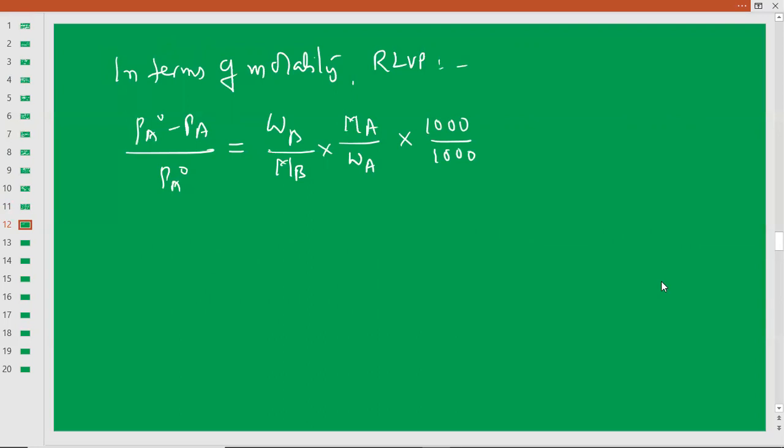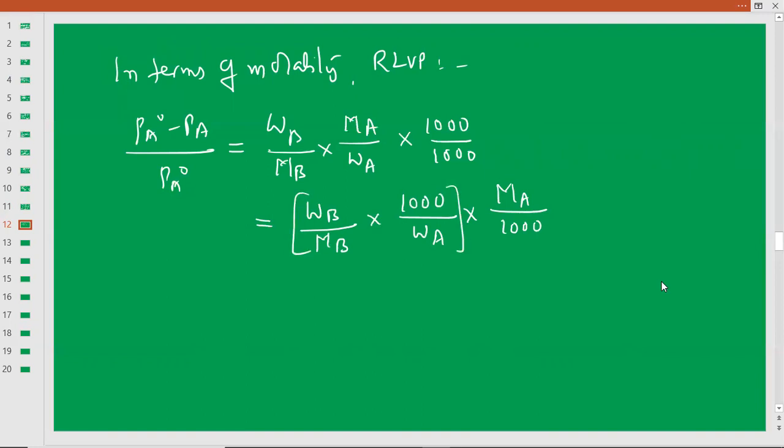So in this juncture, we're going to write separately the information, that is nothing but WB by MB into 1000 by weight of solvent WA, into molecular weight of solvent MA by 1000. We understand the number of moles of solute present in 1 kg of solvent is nothing but molality.